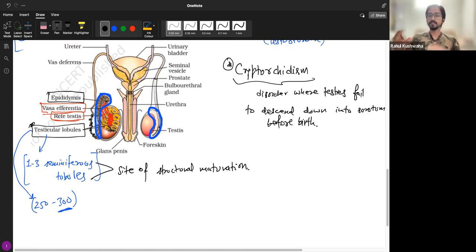Remember this. The structure of the sperm is synthesized in seminiferous tubules, which means sperms are formed in seminiferous tubules. Is it clear? What is the site of structural maturation of sperm? Seminiferous tubules. But entrances confuse you by changing the structural part to functional. If they ask, what is the site of functional maturation of sperm? Then it is the epididymis.